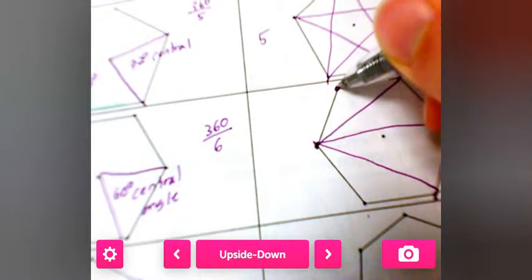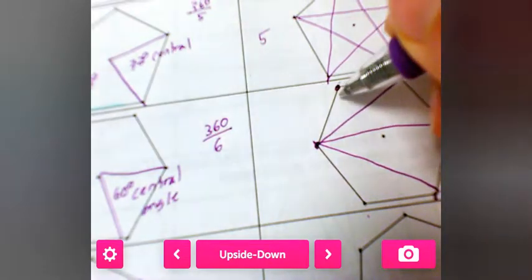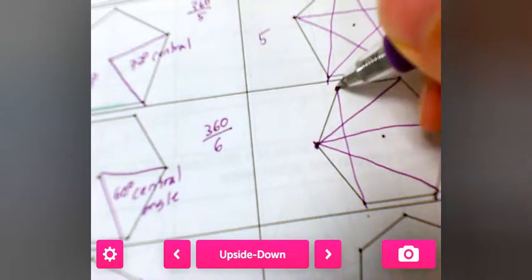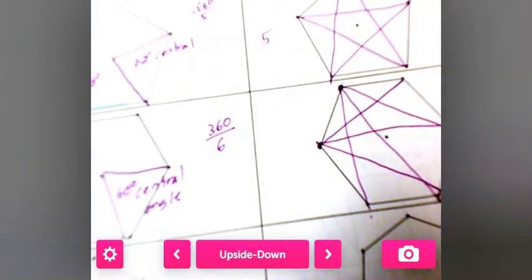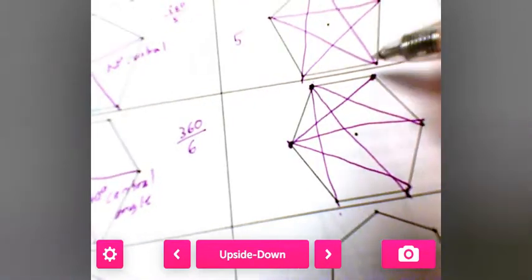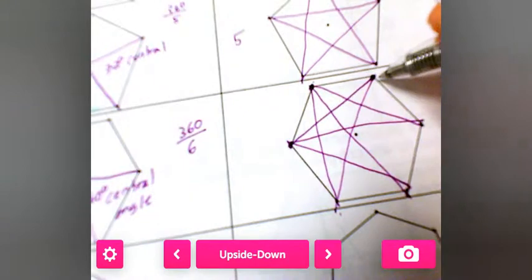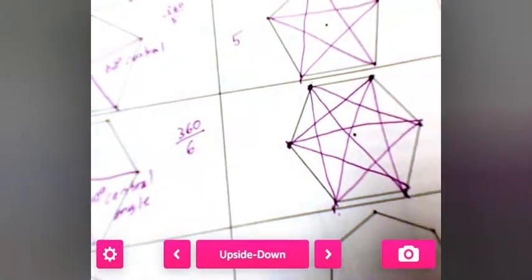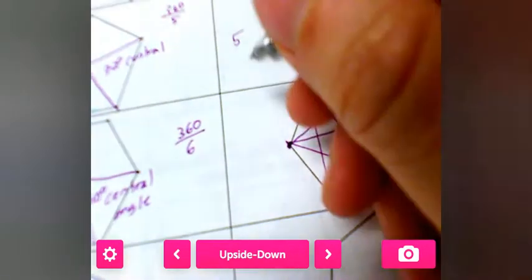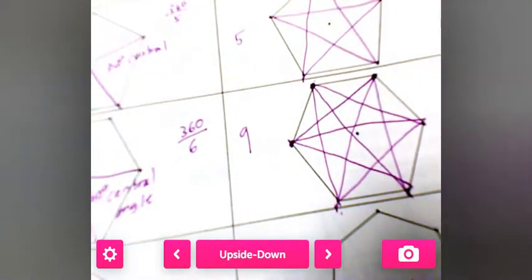How many lines can I draw from here? 1, 2, 3. Okay, I'm going to this vertex right here. I've already got 1. How many more can I draw? 1, 2, right? This one has 2. I can draw 1 more. Okay, so there are 9 diagonals here.